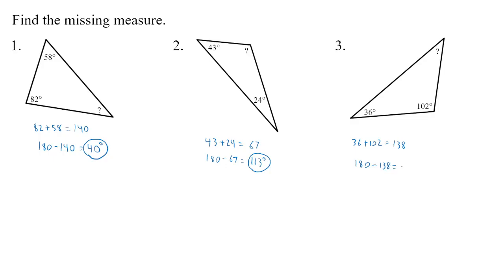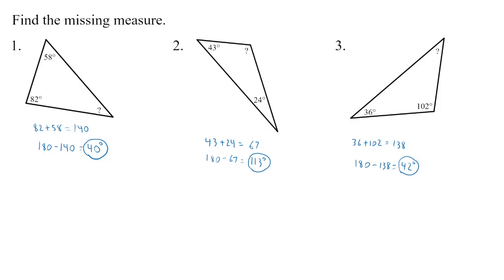And that gives you 42 degrees. So the measure of the missing angle is 42 degrees. So that comes from the triangle sum theorem. All three angles add up to be 180 degrees.